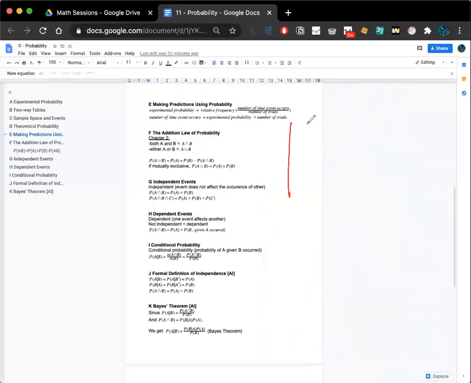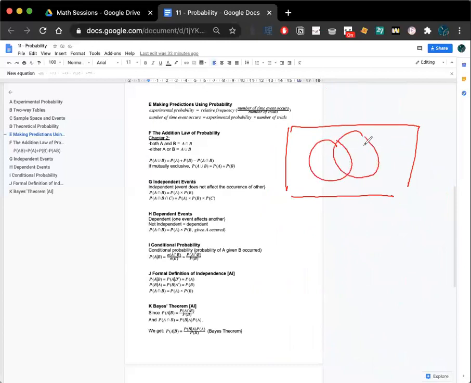And then there's also what you call conditional probability. Conditional probability is when they try to look for the chances of A happening when B happens. How you write it is something like this.